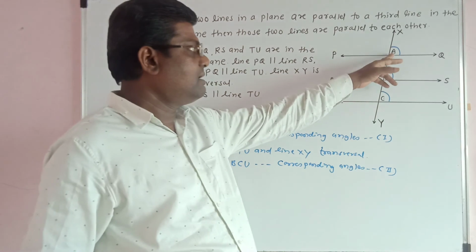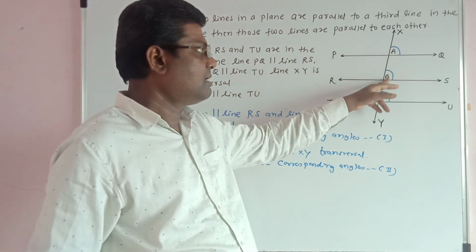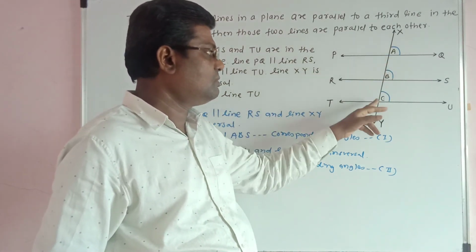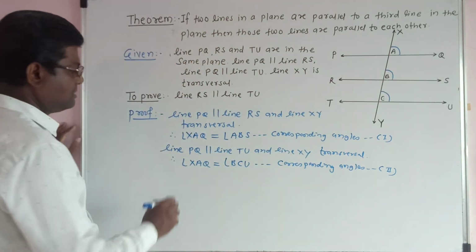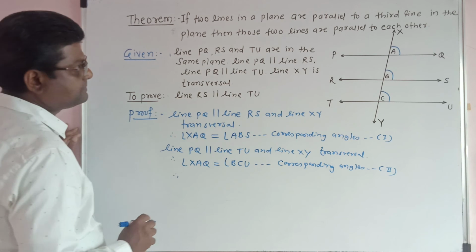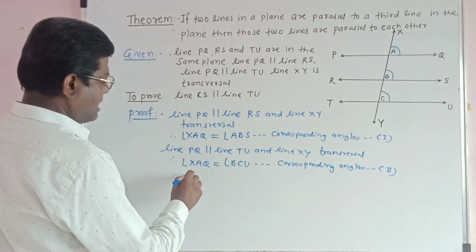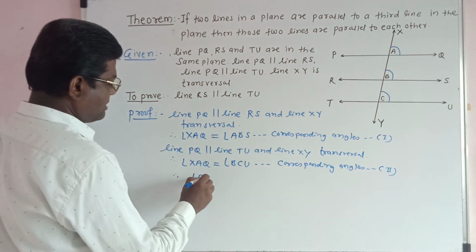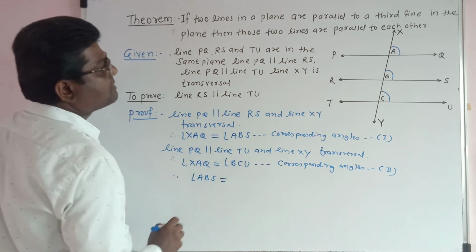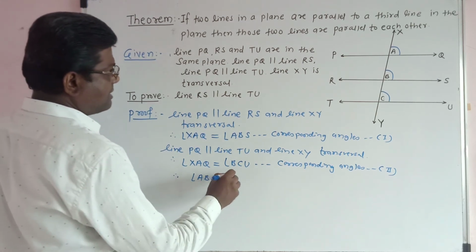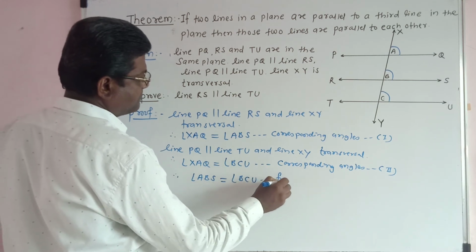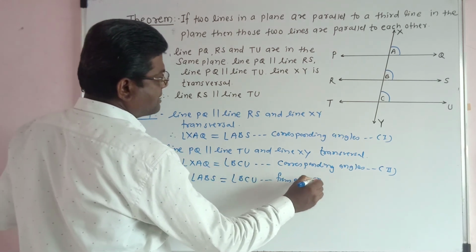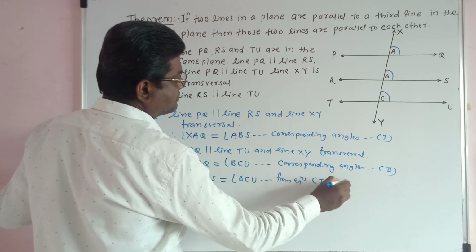Now this angle is congruent to this angle and this angle is congruent to this angle. Therefore, these two angles are congruent. Therefore, we write angle ABS is equal to angle BCU from equations 1 and 2.